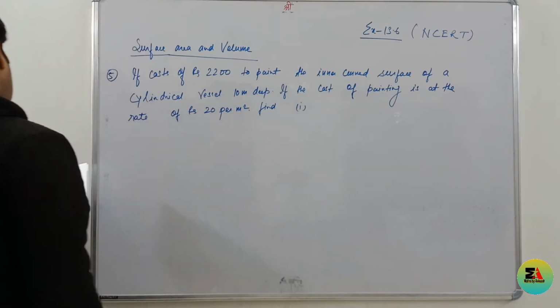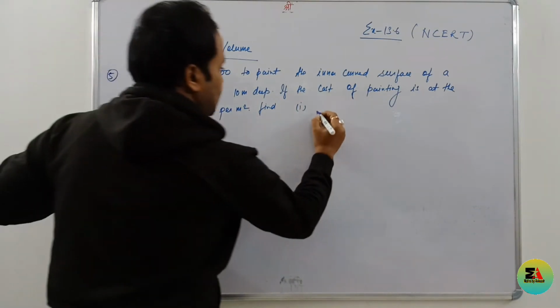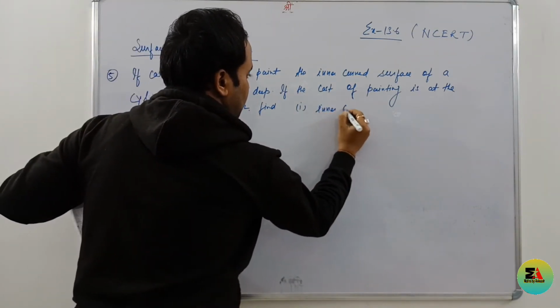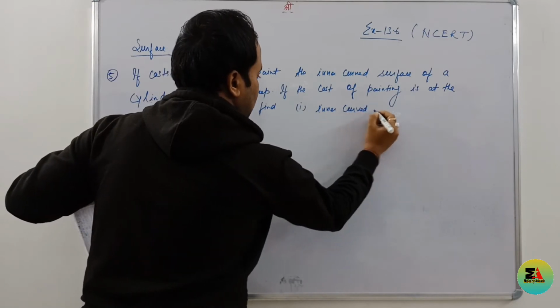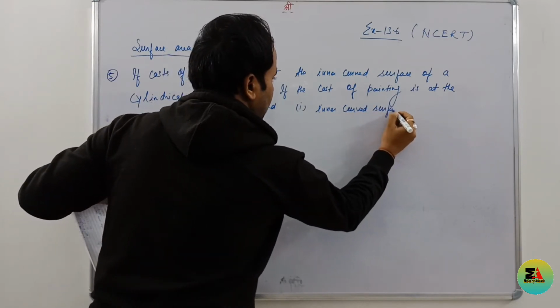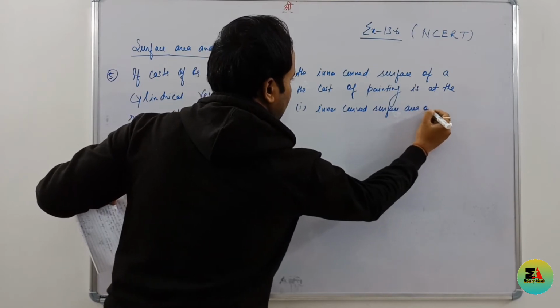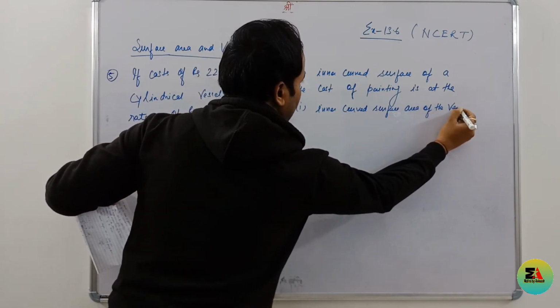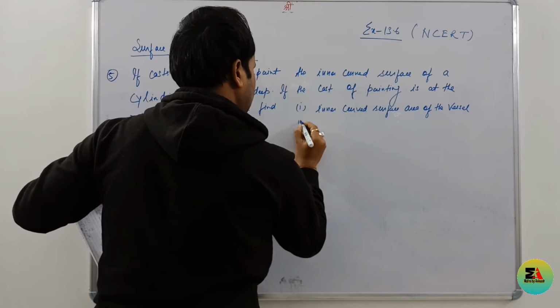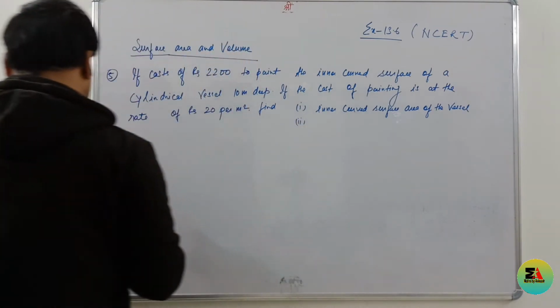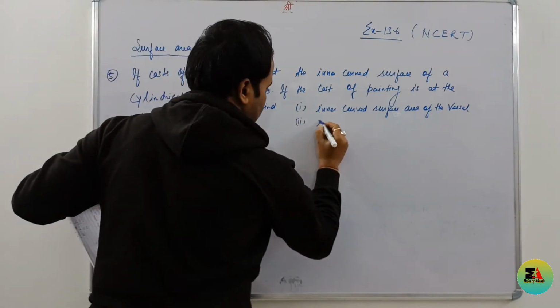Case first, inner curved surface area of the vessel. This is case first, this is case 2, radius of the base.